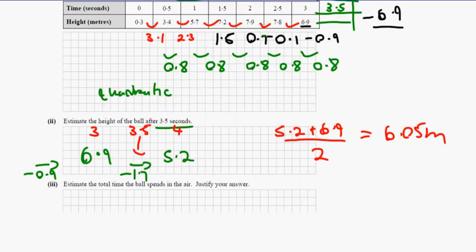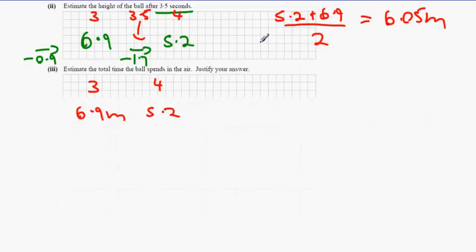Now it says estimate the total time spent in the air, justify your answer. So after 3 seconds you were 6.9 meters up in the air, at 4 seconds you were 5.2, and it's going down by 1.7, and the second difference is 0.8. So the next difference should be minus 2.5, adding 0.8 onto the 1.7.